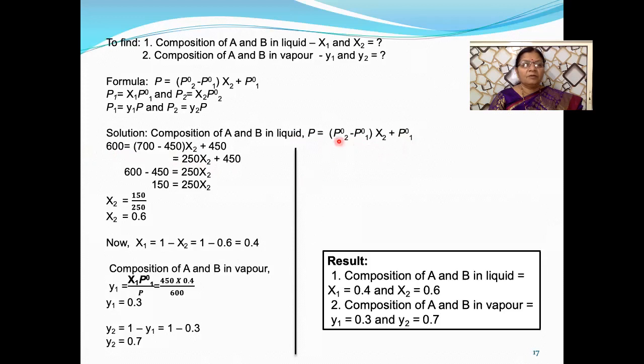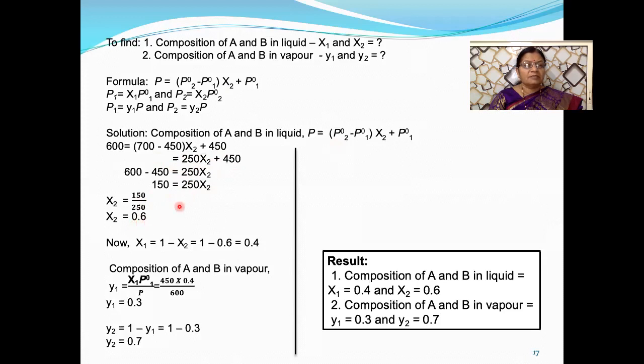What is the value of P02? It is 700 minus P01, which is also given as 450 mm, into X2, plus P01, 450. Now simplify this. It becomes 250 X2 plus 450. After simplifying, the value of X2 becomes 0.6.